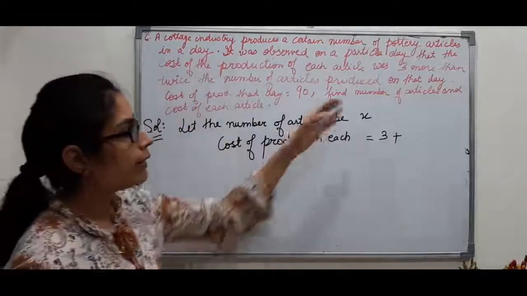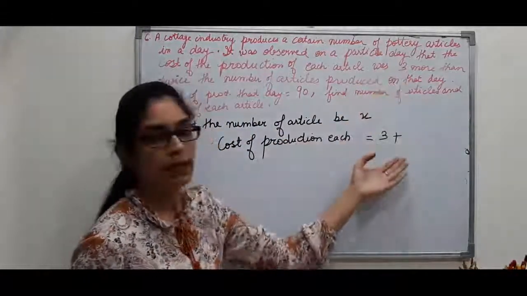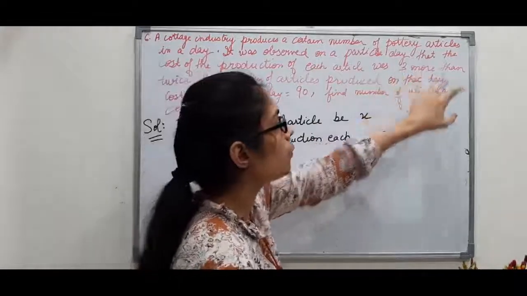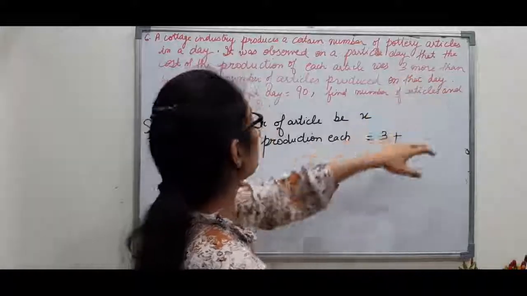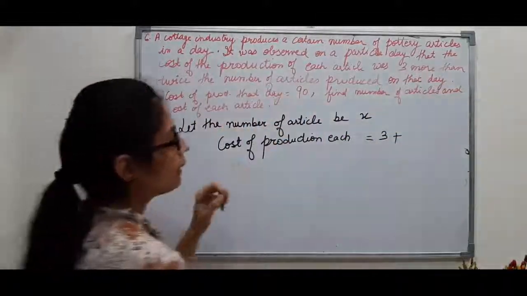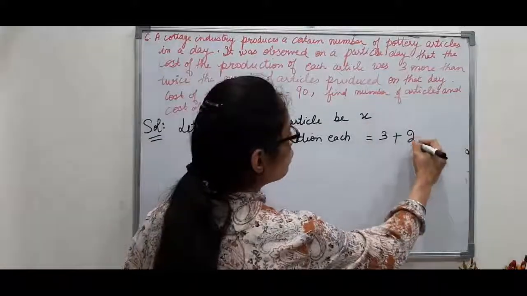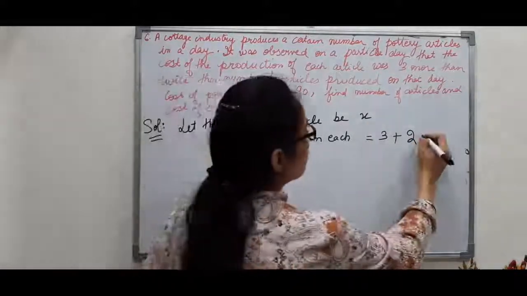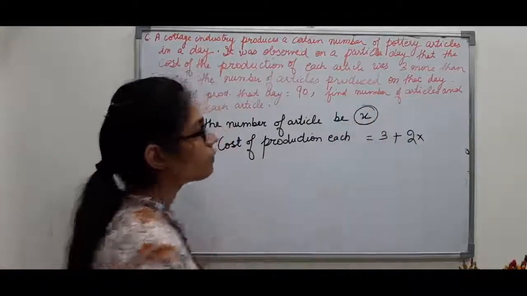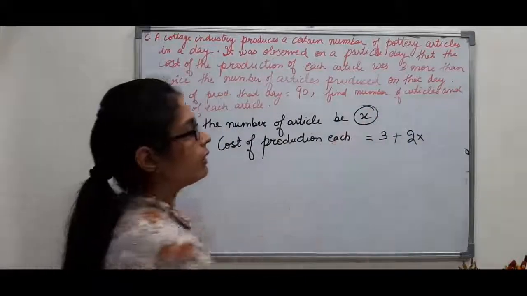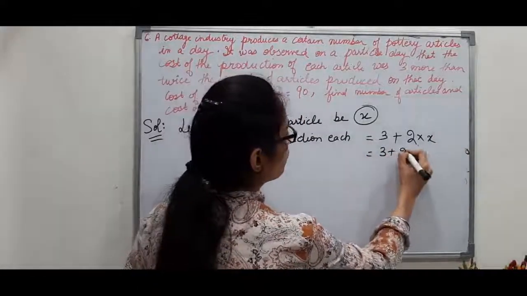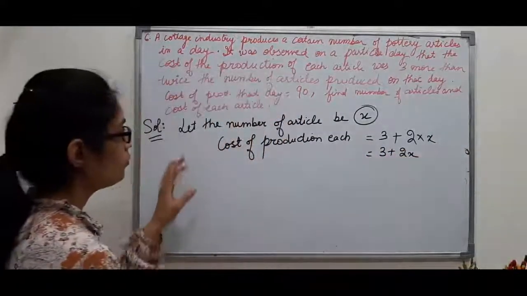We will keep on reading the question and side by side we will keep on writing also whatever we are reading. It is 3 more, 3 plus, more means plus, then twice the number of articles produced on that day. So this twice means 2 will multiply with the number of articles produced. So number of articles for a particular day is x. So it will be 3 plus 2x.